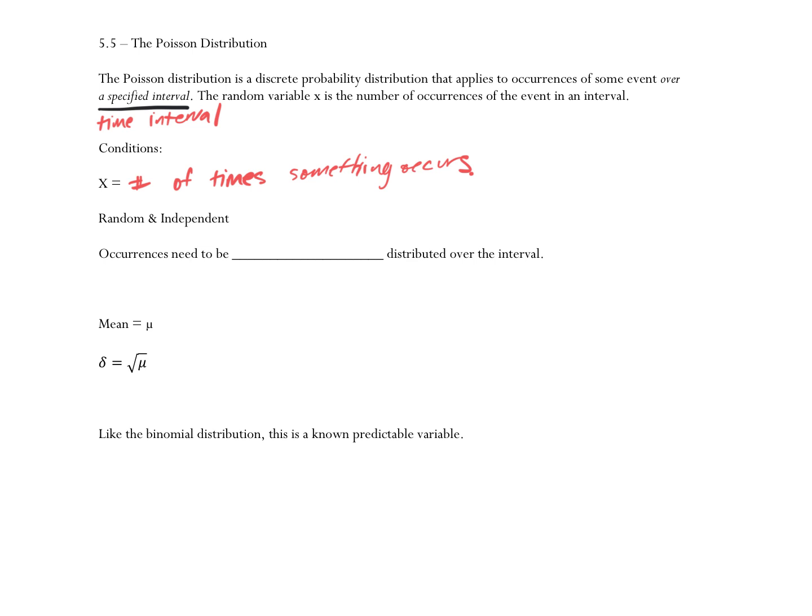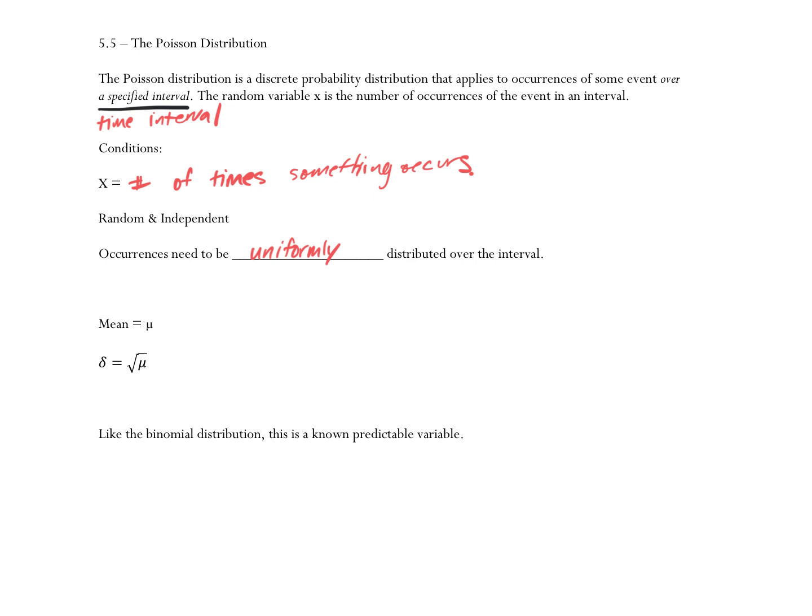And in order for something to be distributed according to the Poisson distribution, each occurrence needs to be random, each occurrence needs to be independent, and they need to be uniformly distributed over the interval. Here's what I mean. If I say at this store we get an average of 10 people in the first hour, that means the first 5 minutes, the second 5 minutes, and the third 5 minutes are all equally likely to have people in them.